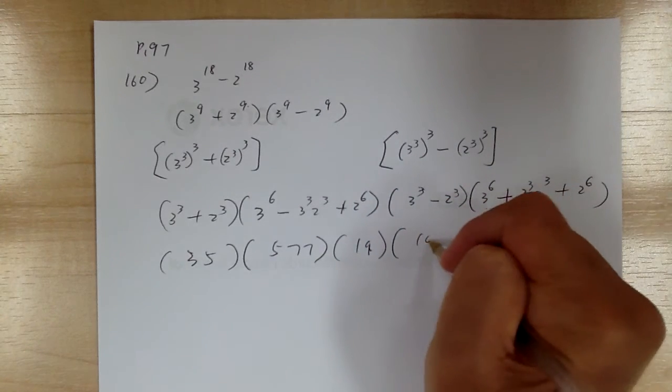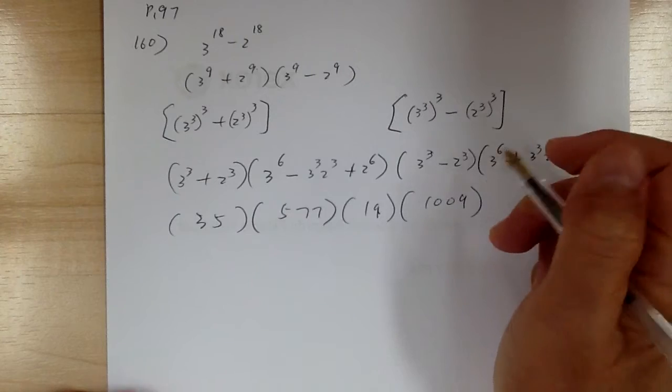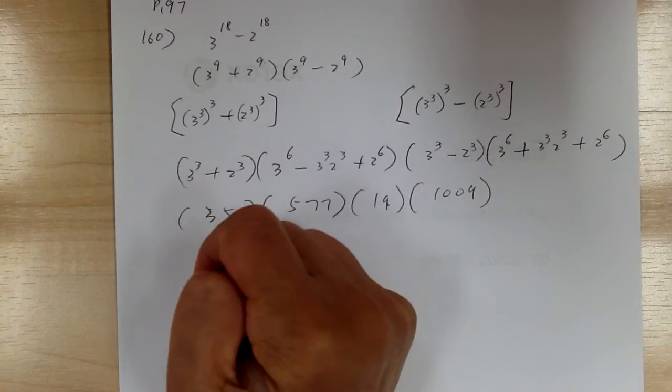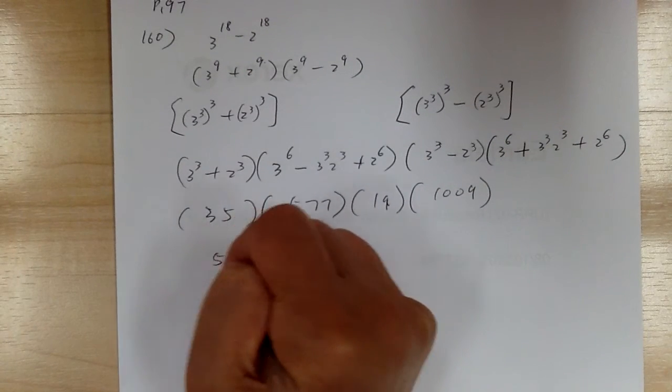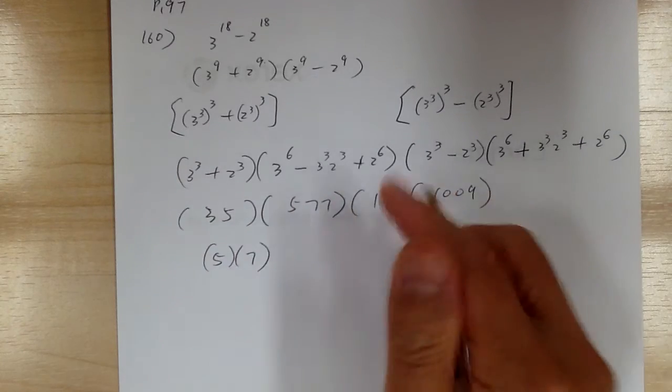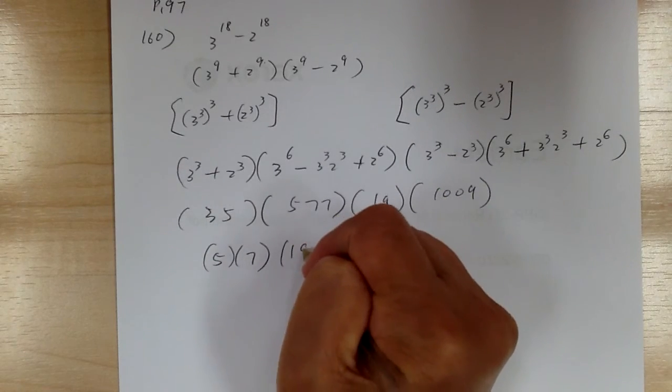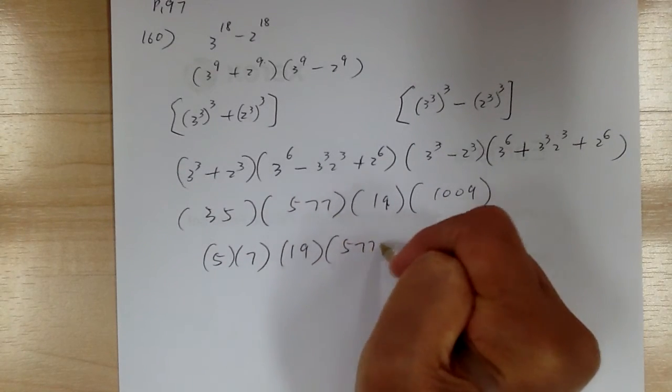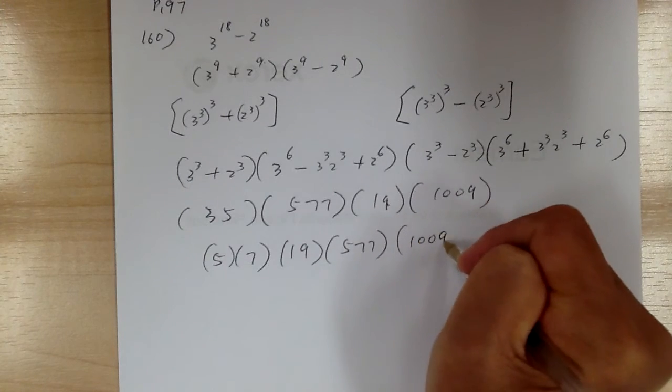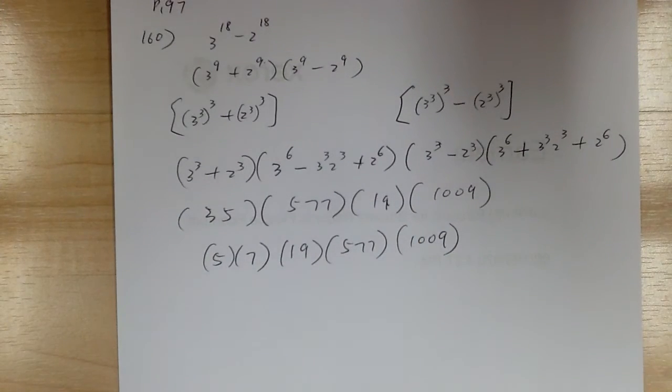And this one you get 1009. And this one is still factorable, so you get 5 times 7. And I'm going to rearrange. Okay, so those are your 5 factors.